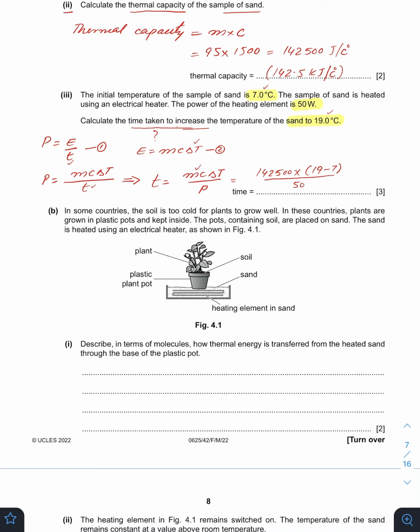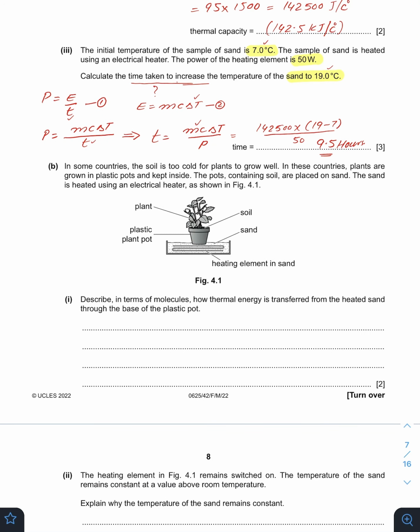After calculation, just give me 1 minute, let me calculate. Yes, I got it. I will write the time in hours. Because I got the answer in seconds, which is a very big answer, it's better to write in hours. So I divided by 60. The final answer after division is 9.5 hours.